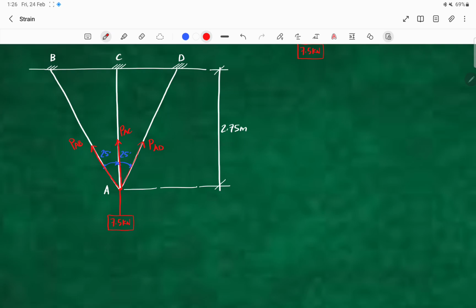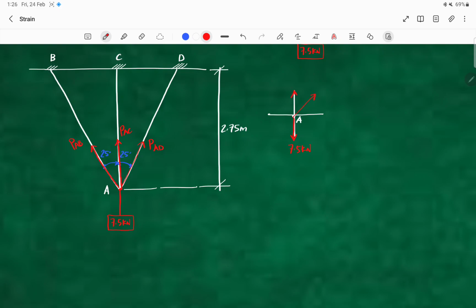So, meron tayong mga angle. Okay? So, bali, based dito sa figure na ganito. So, ito yung Cartesian natin. Ito yung point A. So, may mga forces tayo na mag-act, no? So, i-separate ko na lang. So, meron tayo ditong downward force na 7.5 kilonewton.